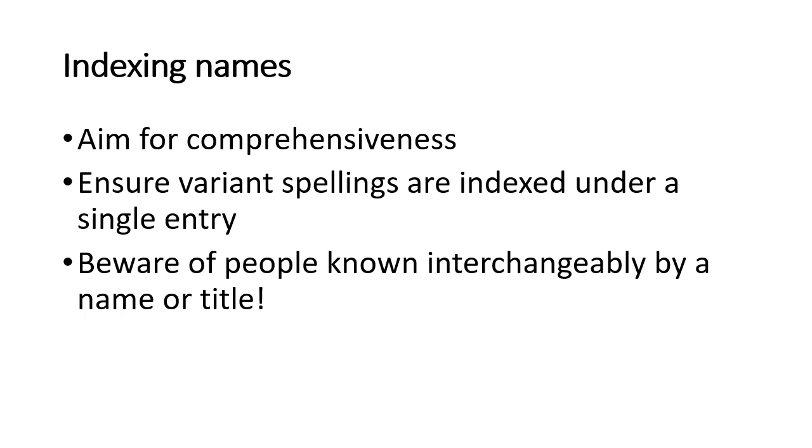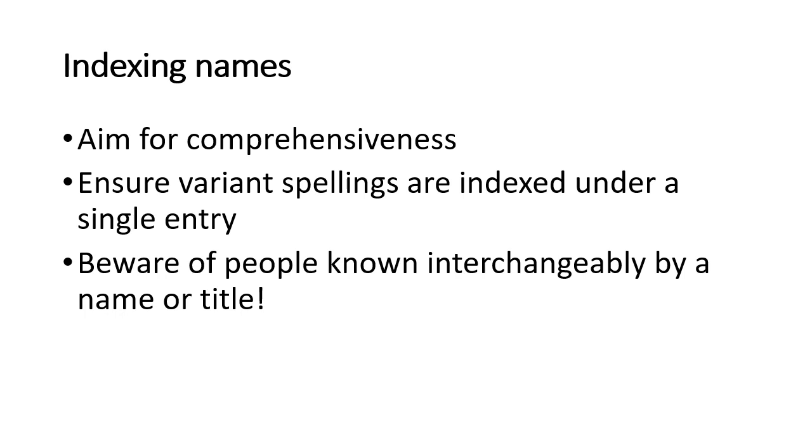Another point to bear in mind is that if you're writing a book, for example, about the Middle Ages or about the early modern era, when you have less standardization of spelling, a name might appear in a number of different variants, so it's very important to ensure that all of those variant spellings are indexed under a single entry.